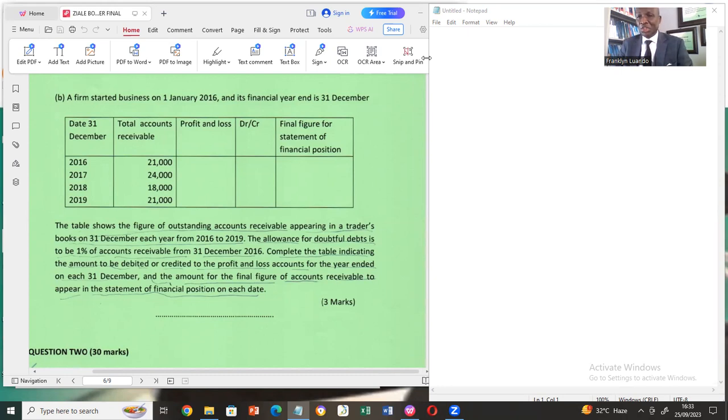Now, accounting for doubtful debts is in line with the prudence concept. So I want you to understand the prudence concept. The prudence concept states that entities should not anticipate revenue, income, or gains until cash is received or other assets.